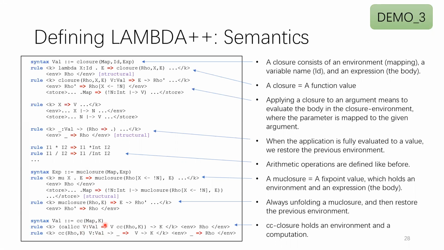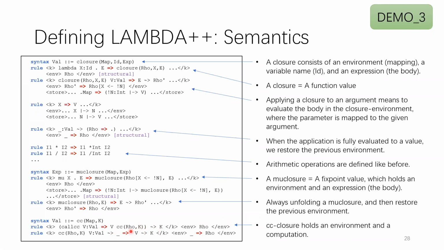Whenever callcc is called on a value v, with the rest computation being K, and the environment being rho, we rewrite the callcc into an application where we apply the value v on the callcc closure with the computation K and the environment rho.